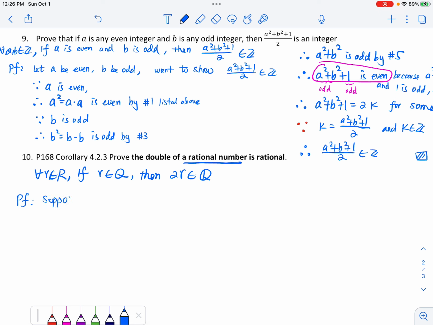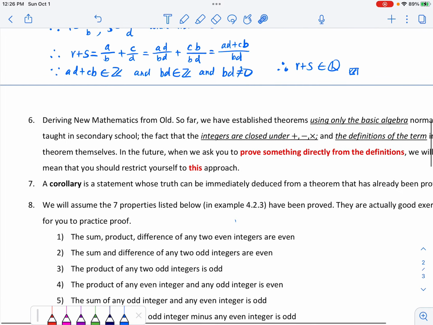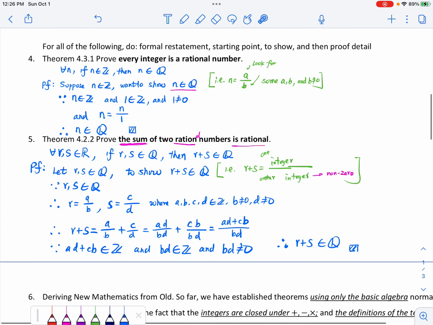Suppose R is rational. Want to show 2R is rational. The reason we call it a corollary is that oftentimes this comes from a theorem. Let's review one of the theorems we already proved: the sum of two rational numbers is rational.